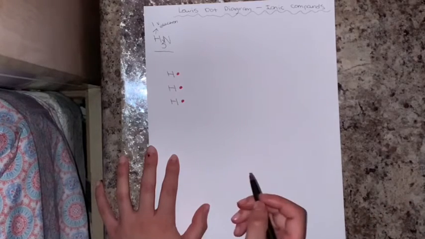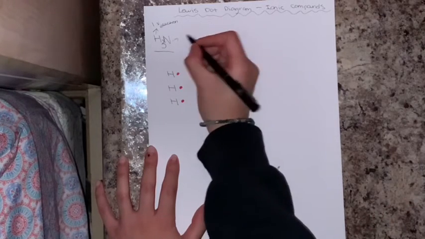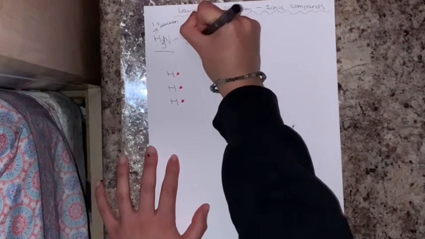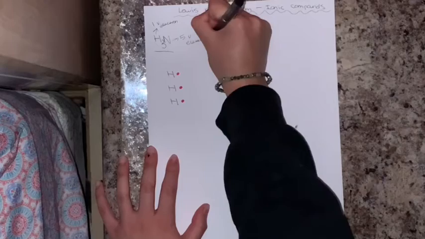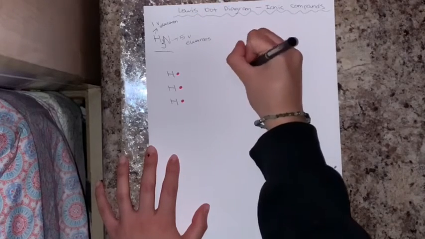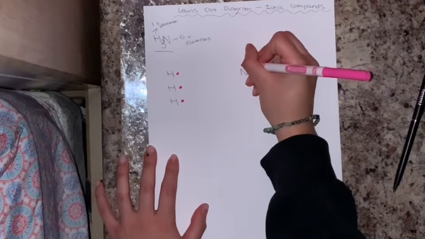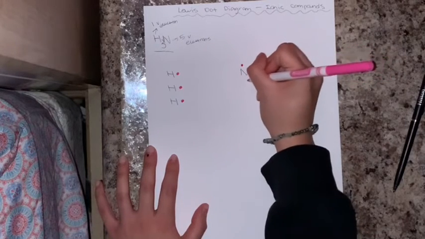And next we're going to draw nitrogen's chemical symbol, and we know that nitrogen has a total of 5 valence electrons. And so we're going to draw the chemical symbol for nitrogen, and we're going to draw the valence electrons around nitrogen.